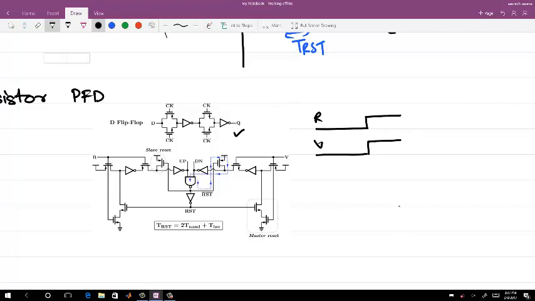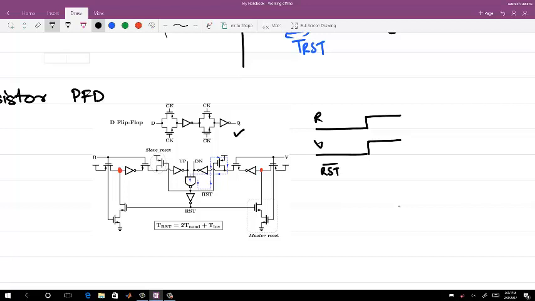At that time, in this case, you see that this PMOS will pull up this node in both the cases. Okay, and your reset bar is actually high. Sorry, reset bar is low as such, not high.